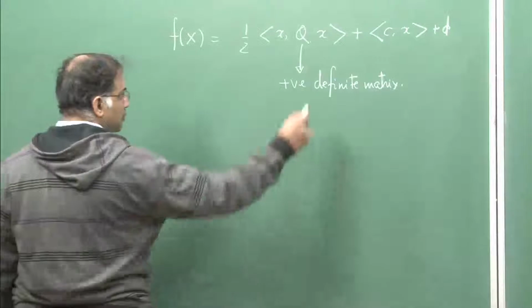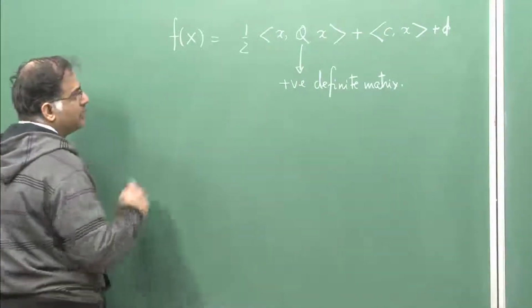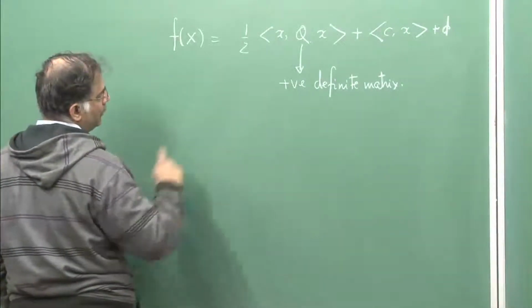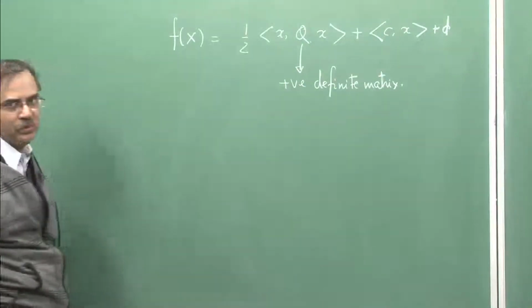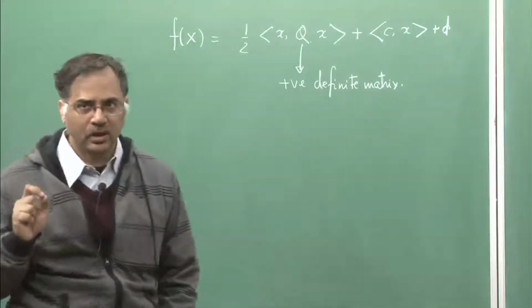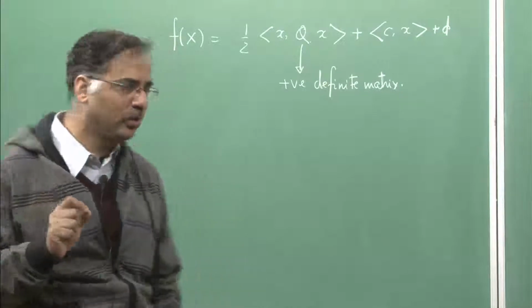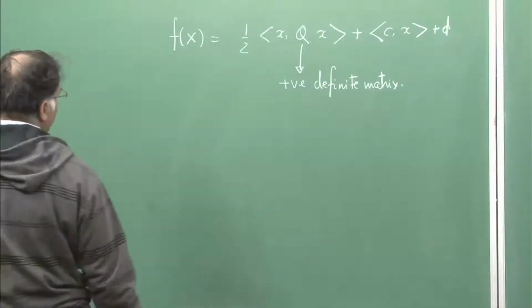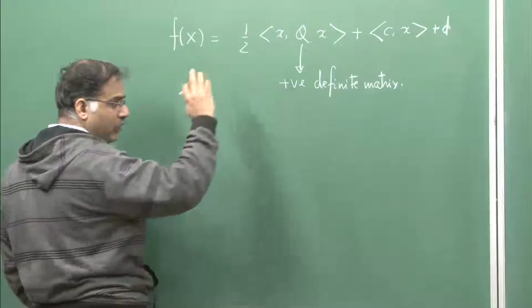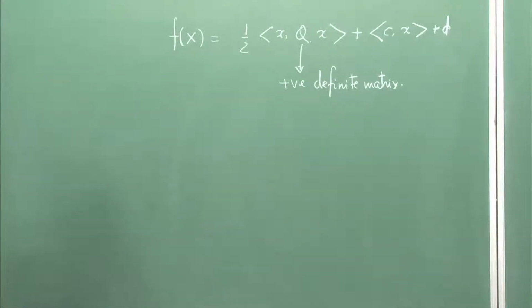So, if you look at this, if this is a convex function, its critical point is the global minimum, and in this particular case this is a strongly convex function and hence has a unique minimum.